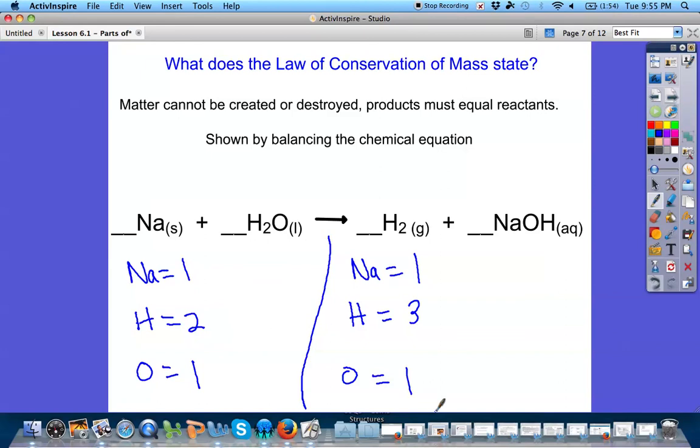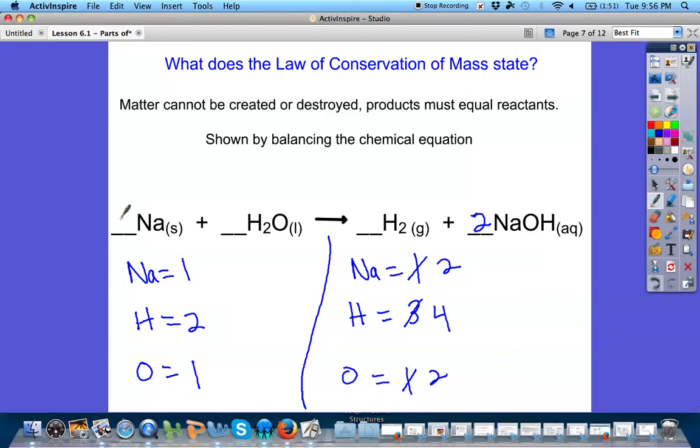So if we have 3 and 2. So if I put a 2 over here, that's going to give us 2 sodium, 2 oxygen, and 2 hydrogen here plus 2 there, so that's 4.